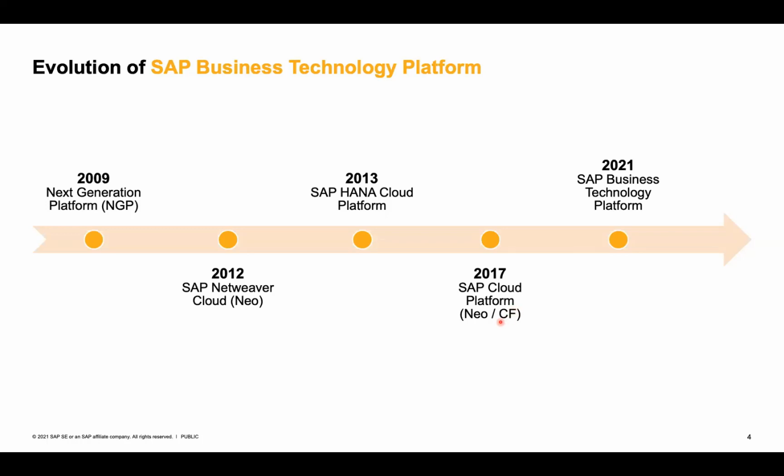And here we use the Cloud Foundry open source software abstraction layer for that. The first deployment was made on Amazon AWS infrastructure. But later on, versions of the Cloud Platform were released in Microsoft Azure data centers and Google Cloud data centers. So that was the reasoning behind it.